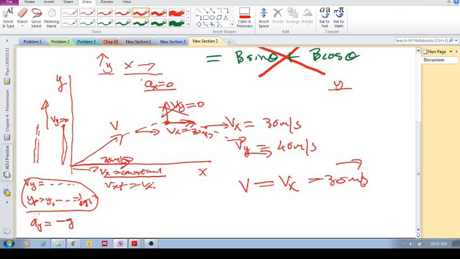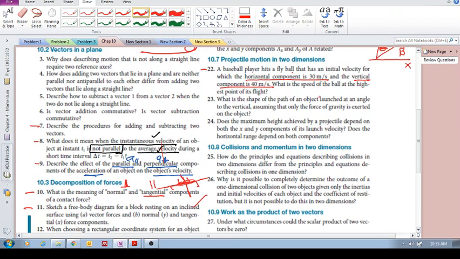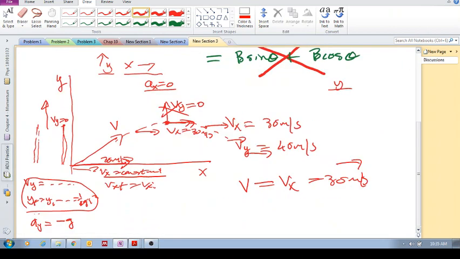Does that make sense? I hope so. So what's the speed of the ball at the highest point in its flight? That's it, 30 meters per second. By the way, the speed is just the magnitude of the velocity. There's no direction information there. But the direction would be horizontal.